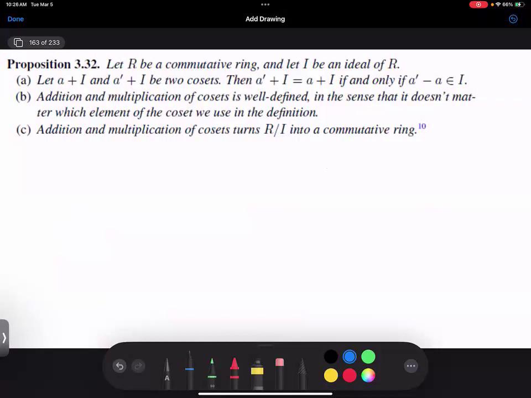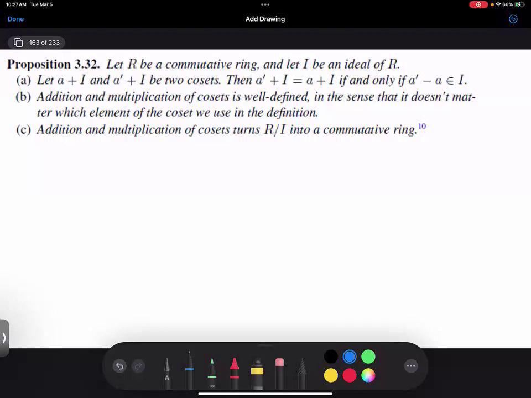Then the two cosets are the same if and only if their difference is in I. And essentially, that's what we just showed a moment ago. That if we take anything in I, then the coset of little i plus big I is just big I. What this is saying here is the only time you have a coset equal to I is if the representative is in I.